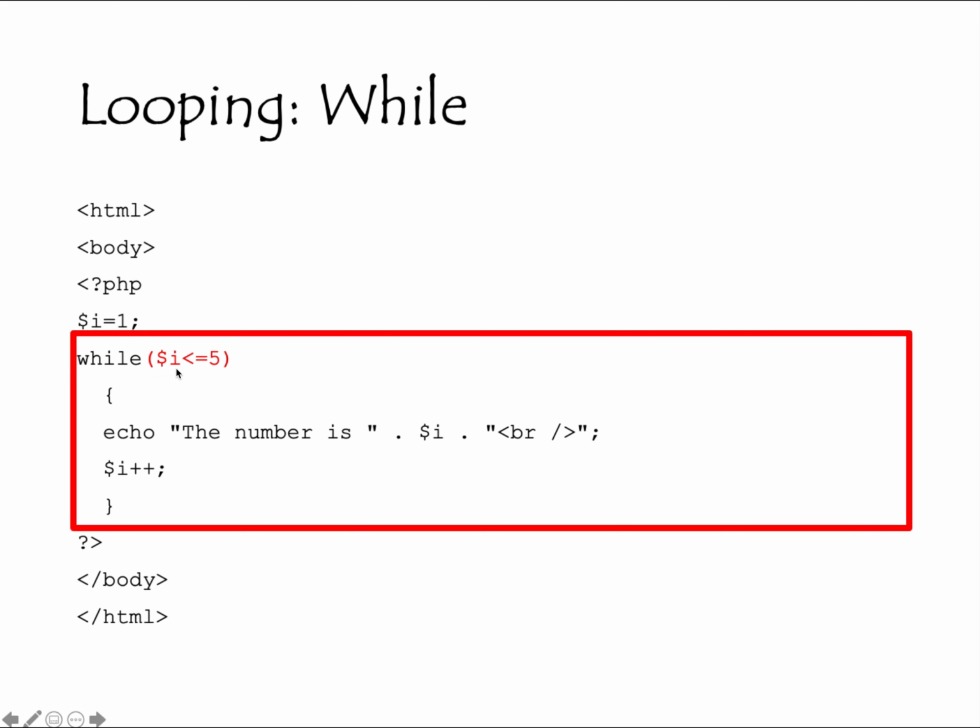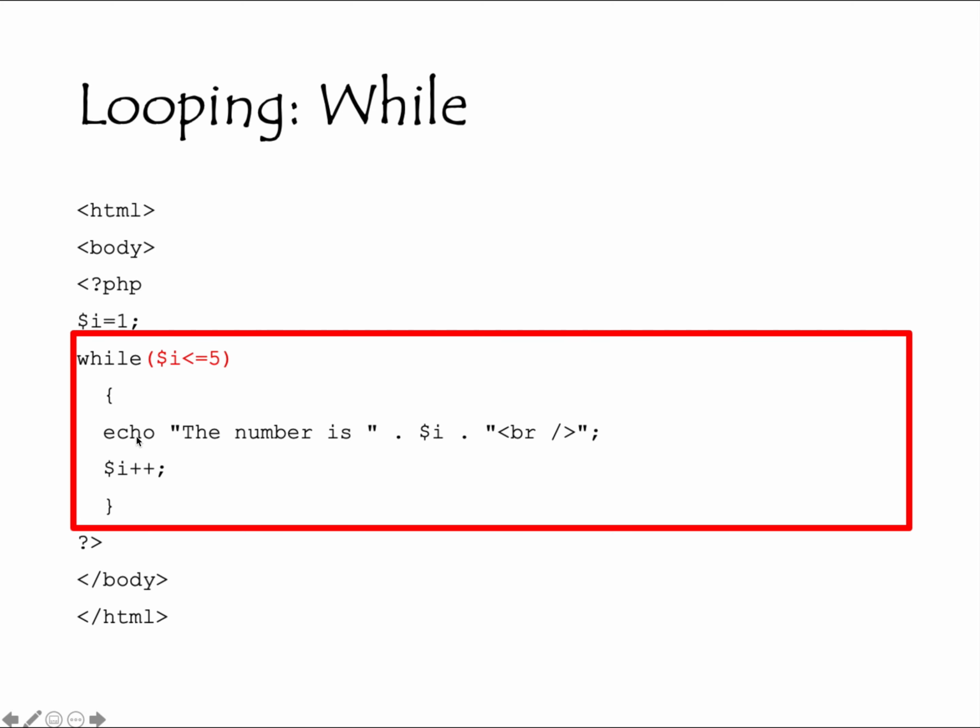Inside the parenthesis, what's the current value of $i? It is 1. Is it less than or equal to 5? Yes, it's true. So while this condition is true, we will repeat the logic inside this curly brace block. The block will be executed.